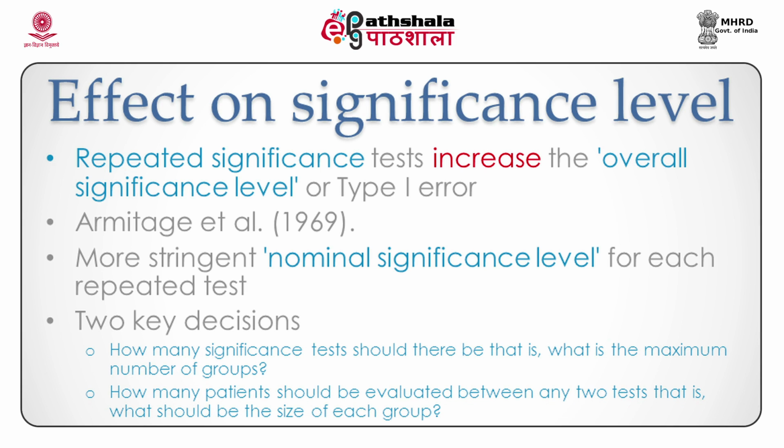The first is how many significance tests should there be, that is, what is the maximum number of groups or the maximum number of interim analysis that we are willing to perform, and how many patients should be evaluated between any two tests, that is, what should be the size of each group. So basically, in a nutshell, two decisions: what is the maximum number of groups and what is the size of each group.